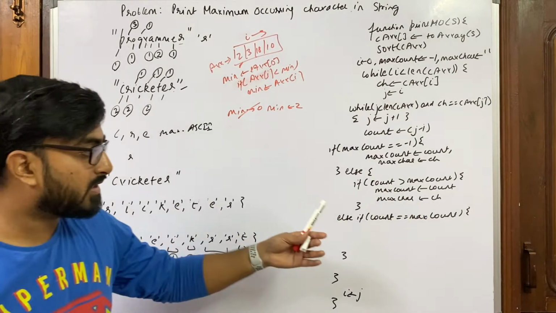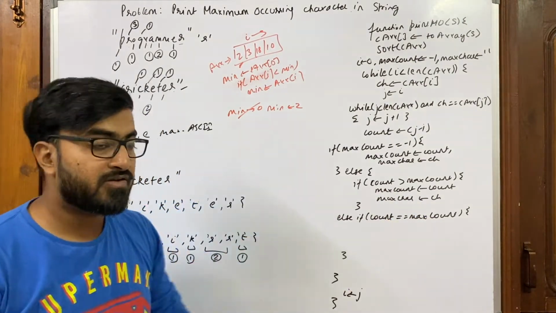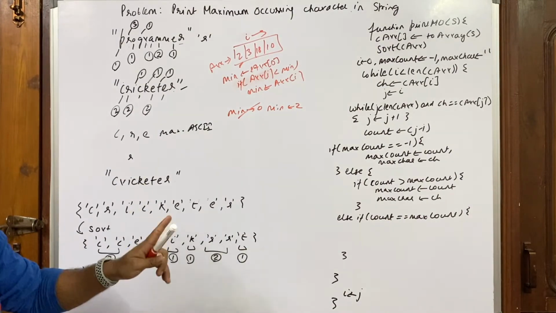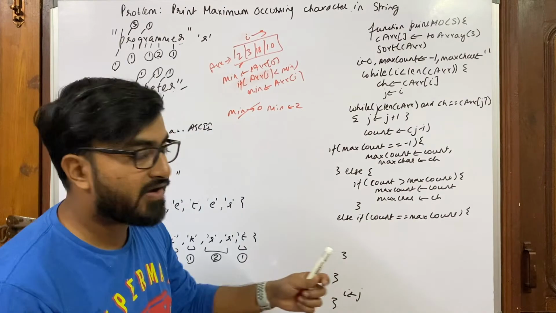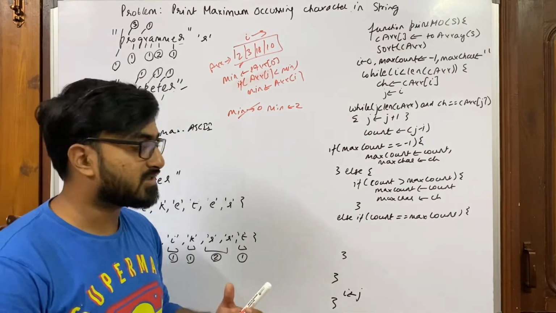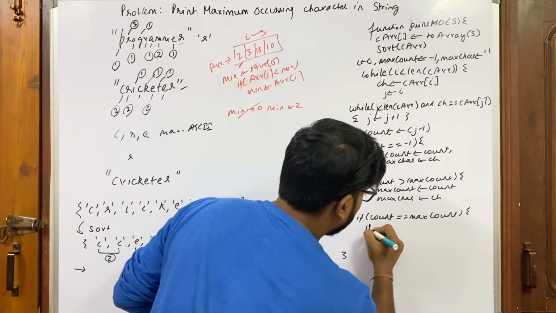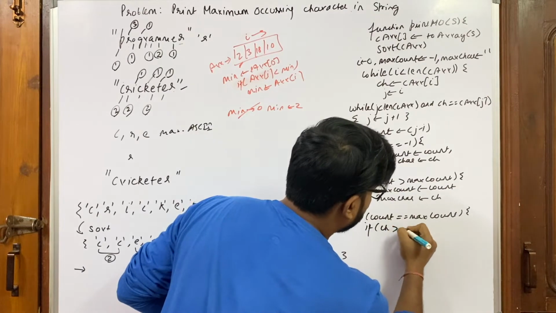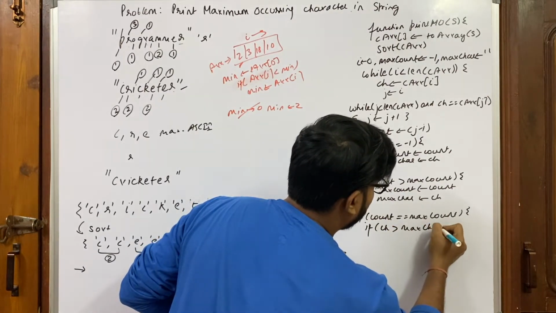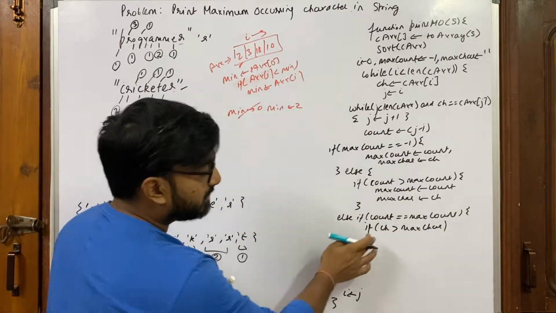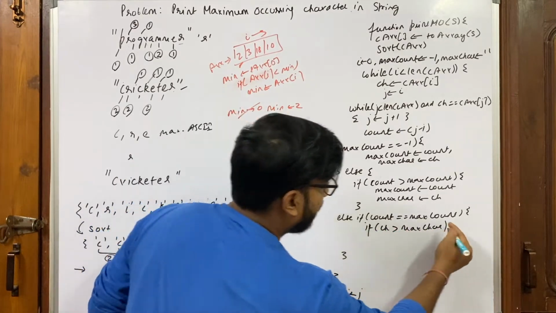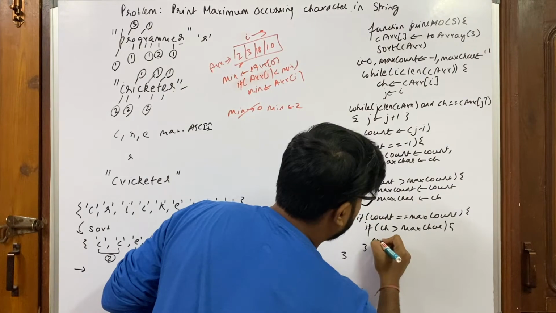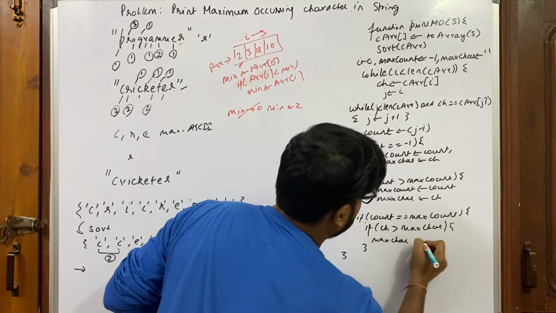So how did we break ties for equal counts? We pick up the character that has the larger ASCII value. So in the case if two characters have the same counts, we have to pick up the character that has higher ASCII value. So I compare the ASCII value of ch with my max char so far. So this is just to say if the ASCII value of ch is greater than the ASCII value of max char, I set max char to ch.